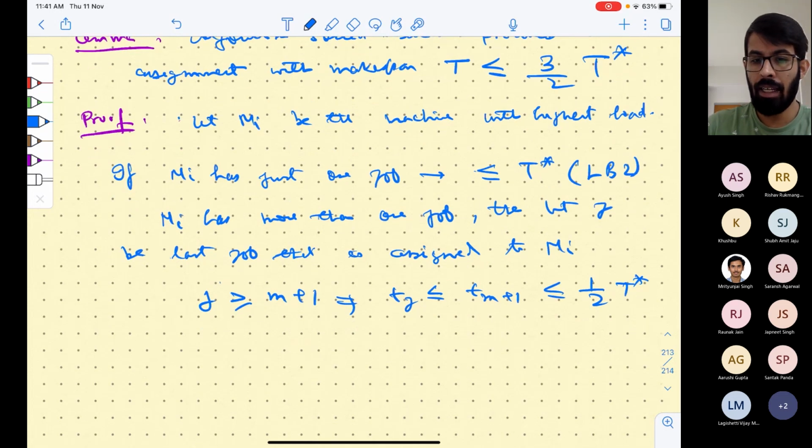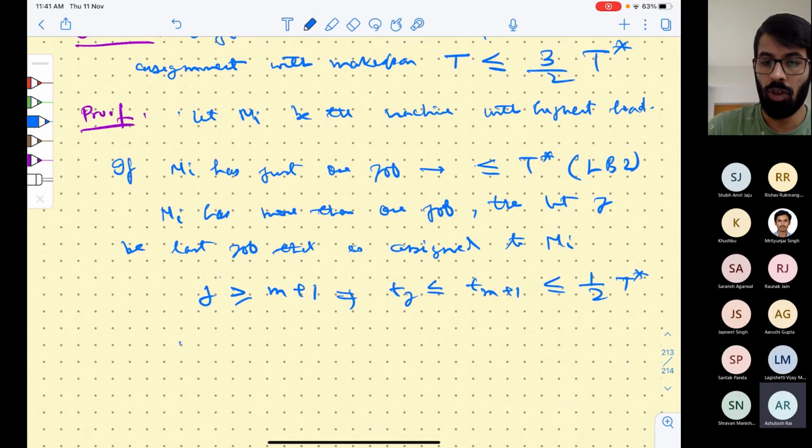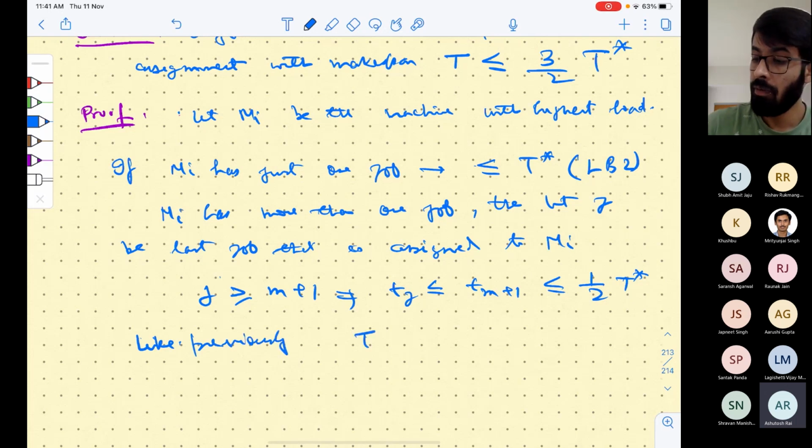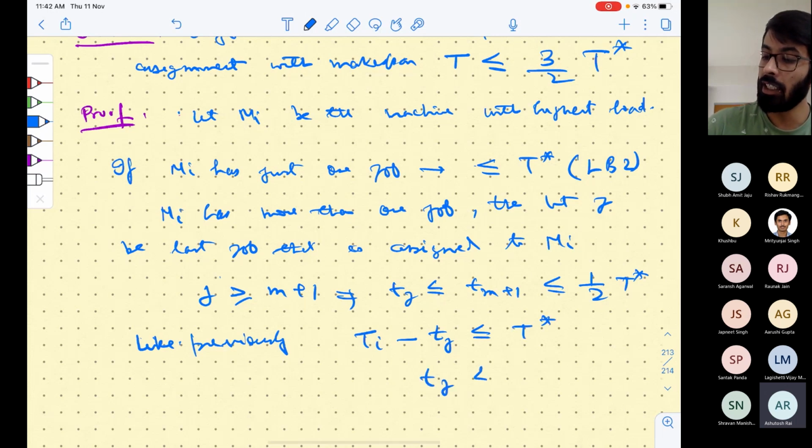And then, like previous things, we know that all the machines have load. We can show, like previously, that Ti minus Tj is less than or equal to T star, like we had in the previous proof. And now we have Tj is less than or equal to half T star.